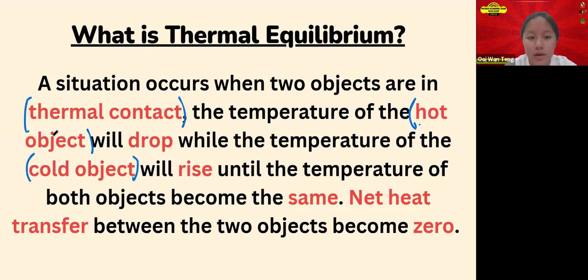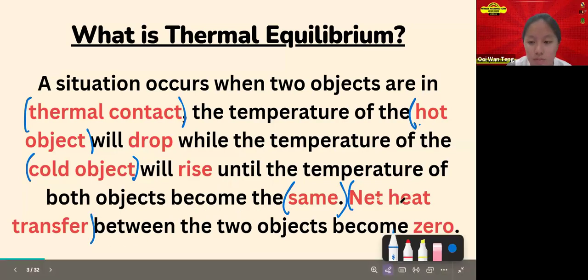The temperature of the hot object will drop and the temperature of the cold object will rise. And you have to mention what will happen to the temperature of both objects at the end. The temperature of the objects will become the same. And you have to include the net heat transfer also. It will become zero.